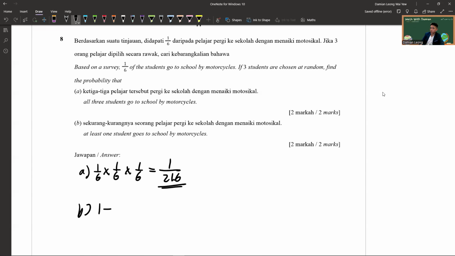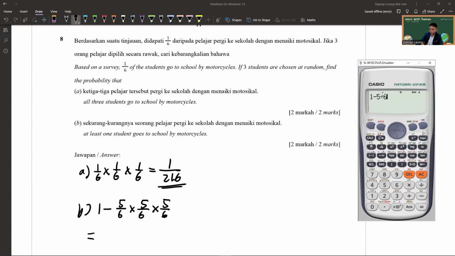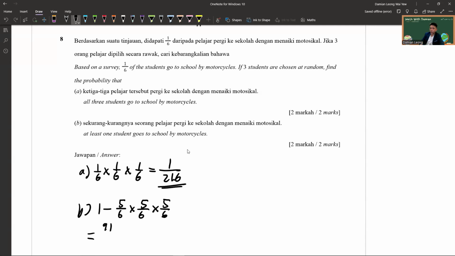If they go by motorcycle is 1 over 6, don't go by motorcycle is 5 over 6. So 1 minus 5 over 6 times 5 over 6 times 5 over 6, which is 91 over 216. Yeah, that's it. That's question 8 here.